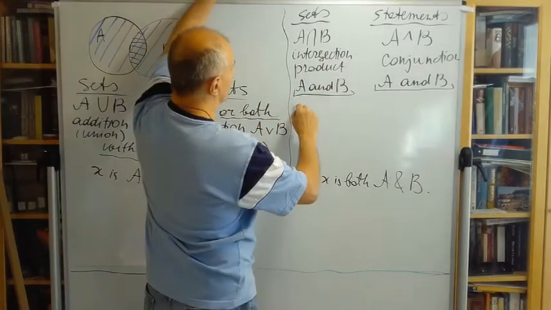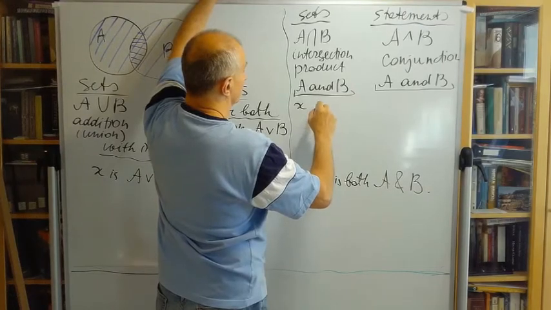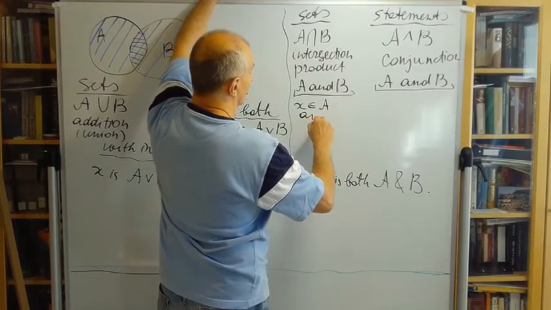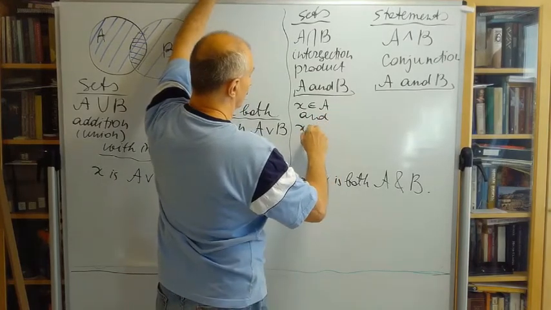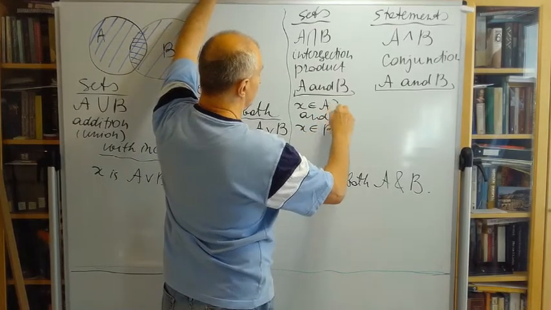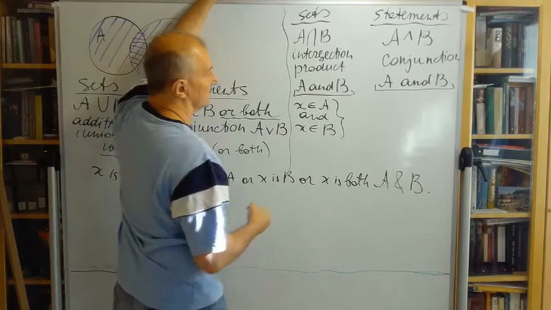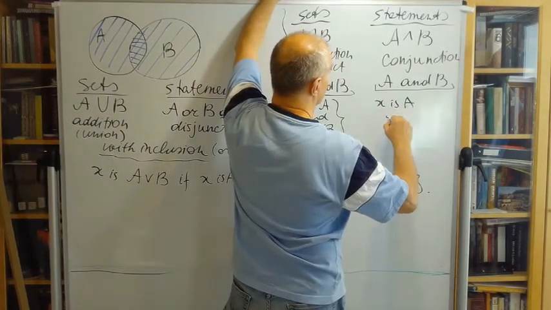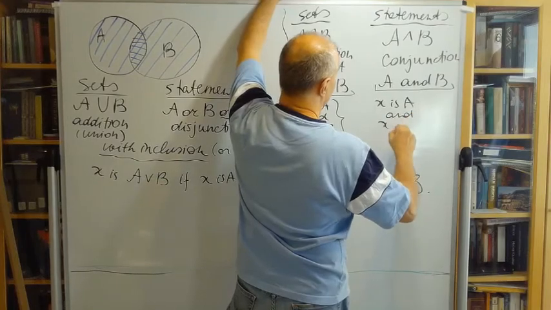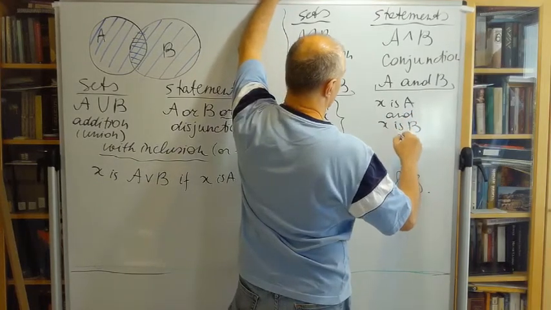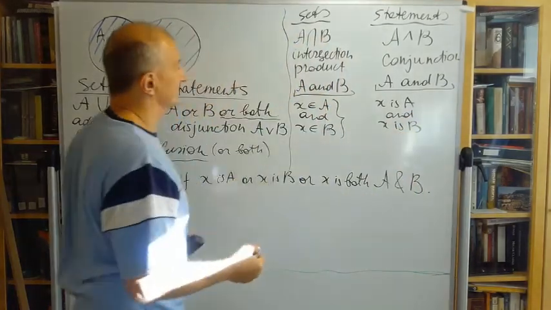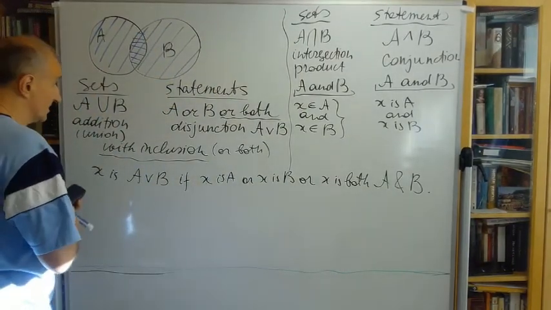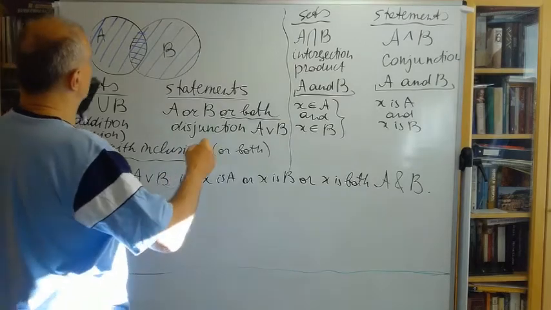So X belongs to A and X belongs to B. That's for sets. X is A and X is B. And of course it's illustrated by this region.